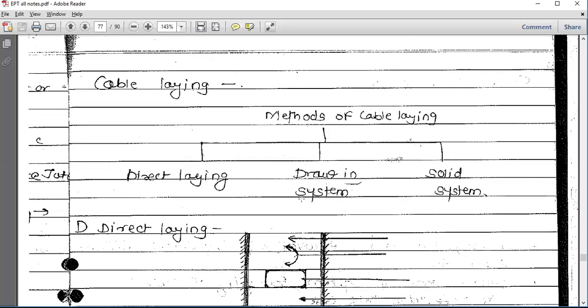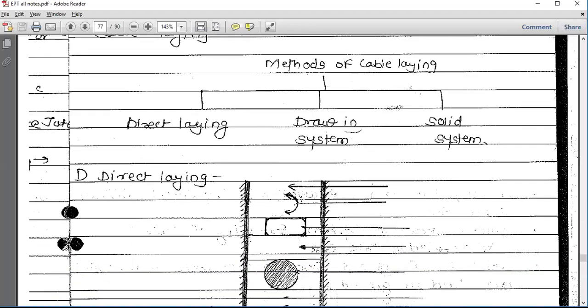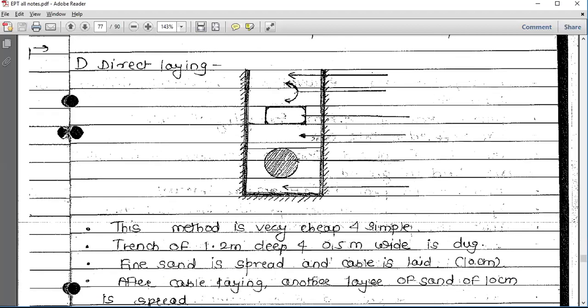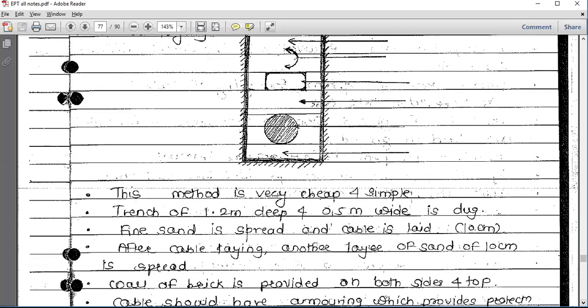So first is direct lay. That means in case of a direct lay method, this is your underground hole, that cable you have to lay. Then in this method, this is your trench, the passage where you have to lay the cable, a trench of 1.2 meter deep.